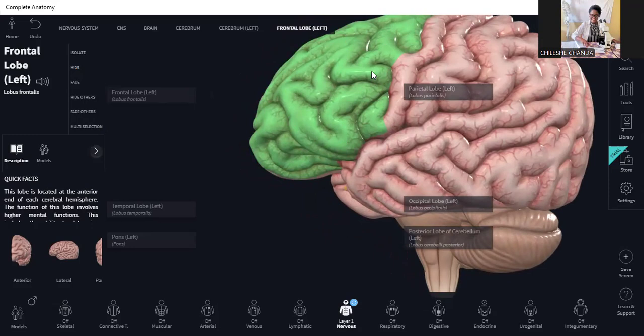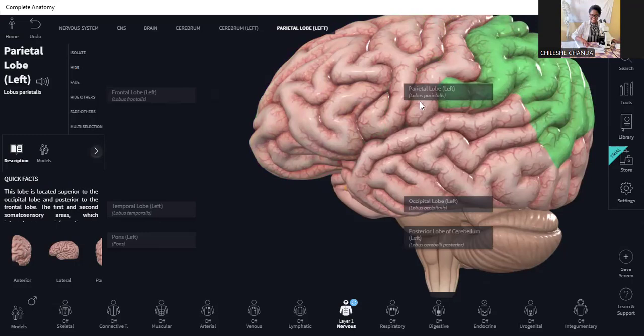The frontal lobe is separated from the parietal lobe by the central sulcus. It separates the frontal lobe from the parietal lobe. That is to say, posterior to the frontal lobe, we have the parietal lobe.